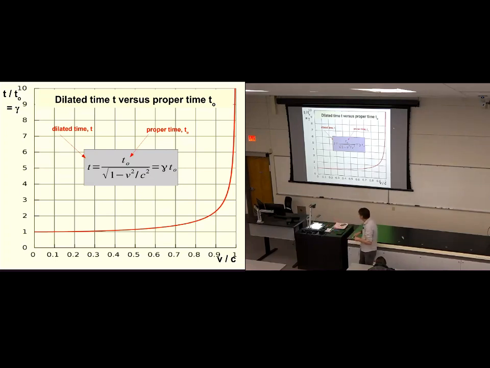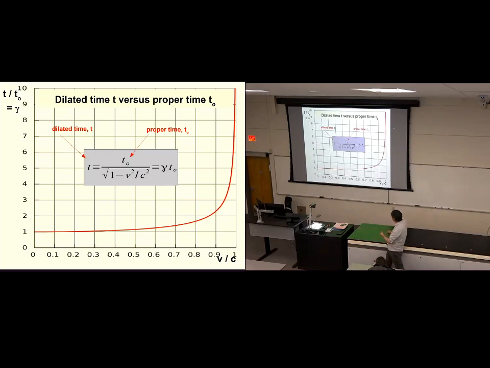So horizontally here, I'm plotting velocity, in units of the speed of light. This is from velocity 0 to 1, which means velocity would be the speed of light. And vertically, I'm plotting the Lorentz factor, this multiplying thing that turns proper times into dilated times.